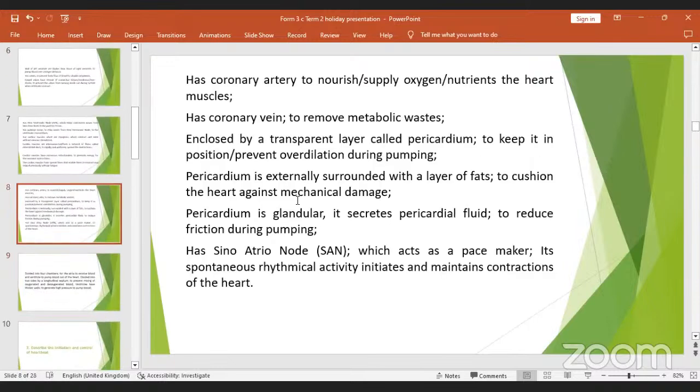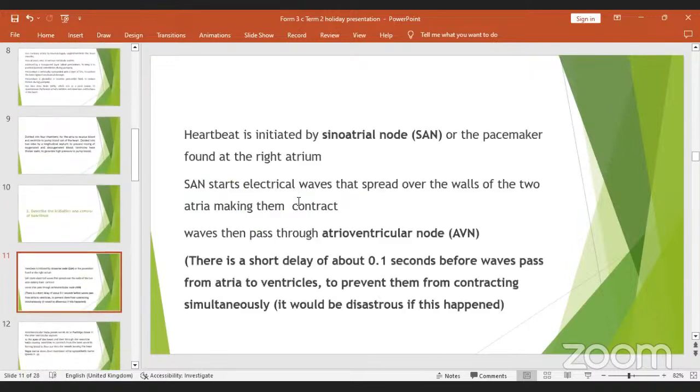So this is what I'm trying to say here, that the heartbeat is initiated by the sinoatrial node. Then the sinoatrial node starts the electrical waves, and then they are taken up by the atria, which contract, and then the waves are spread to the atrioventricular node.